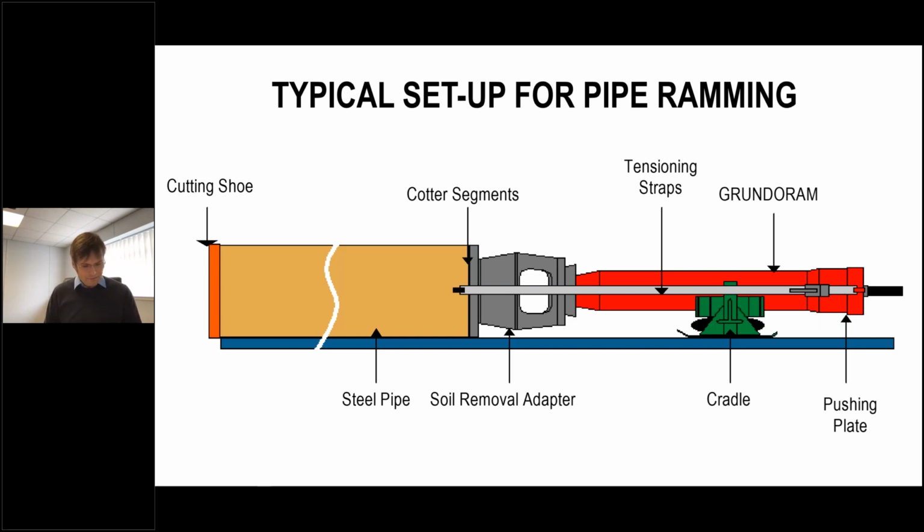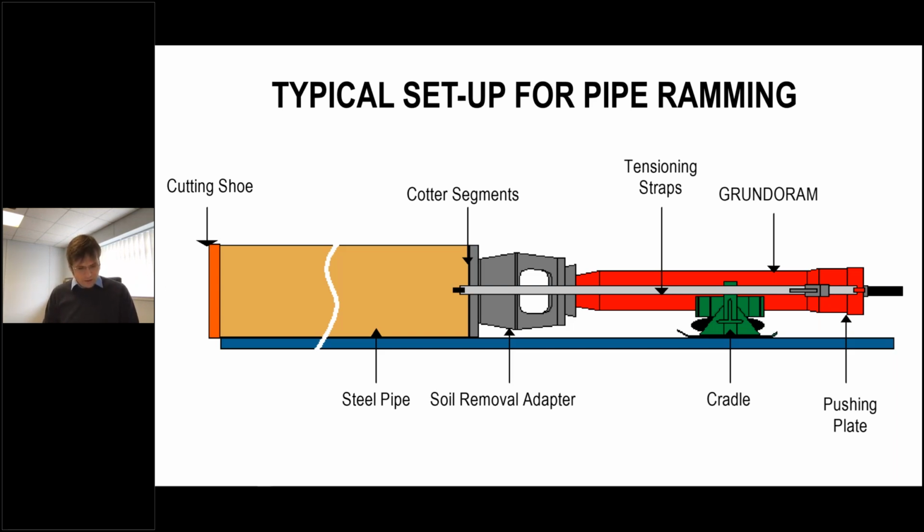You then have tensioning straps that make sure that the rammer is absolutely firmly and tightly fixed into position, and the tensioning straps fix to the product pipe, but also to a so-called pushing plate, which is installed at the rear end of the rammer itself.